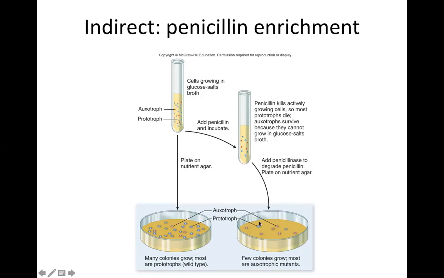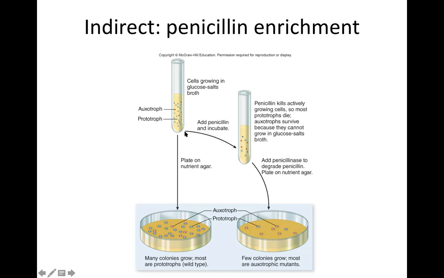Then with this plate, you would still go through the process of indirect selection. It would just be much easier to identify your mutants, because you wouldn't have as many wild type interspersed amongst those mutants.